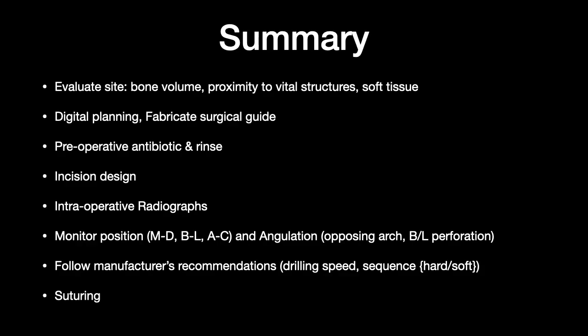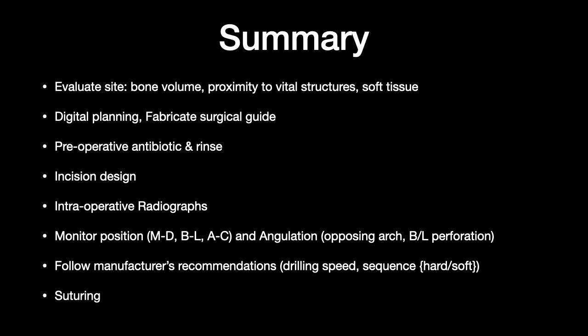Okay. The summary of what we discussed: if you're doing your first implants, we have to evaluate the site appropriately, both clinically and radiographically. Radiographically, preferably with a CBCT, not necessarily, but preferable, to be able to calculate the bone volume and measure the mesiodistal, buccolingual, and apicocoronal bone volume. Proximity to vital structures needs to be taken care of.